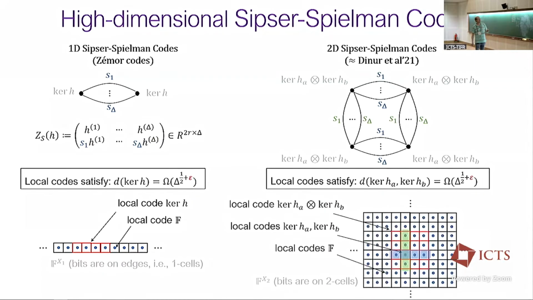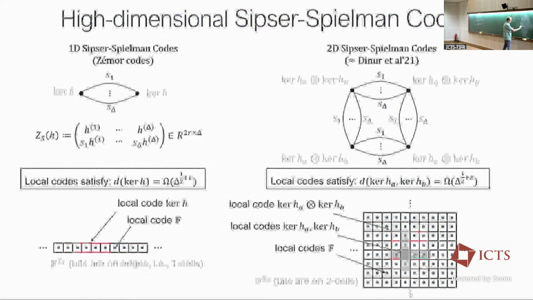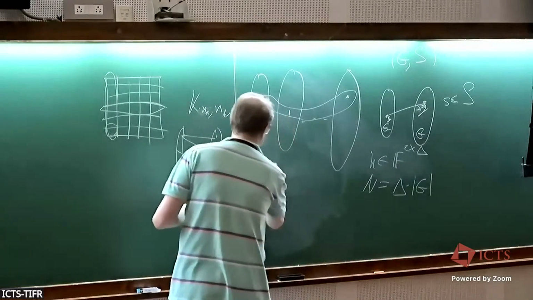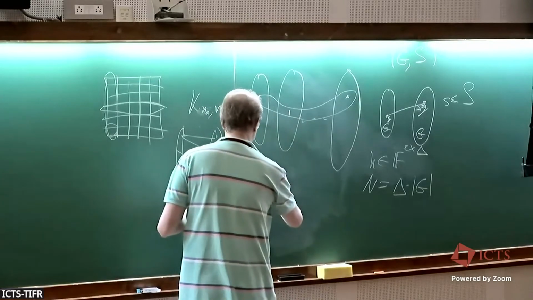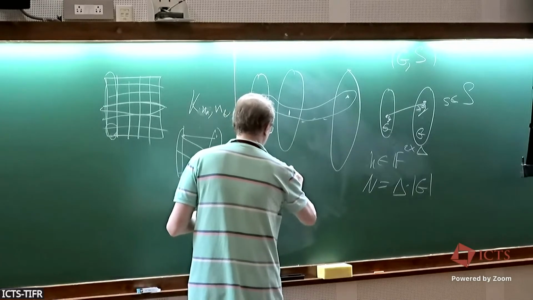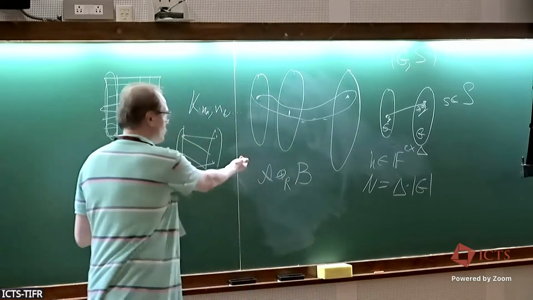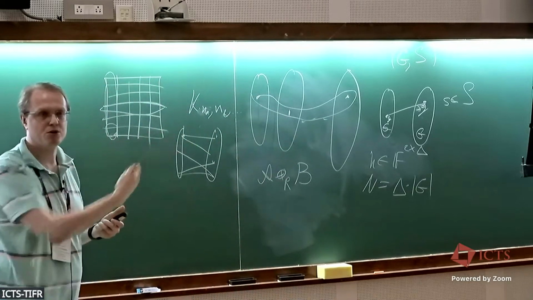this code. And it turns out that this code is just, it's not a lifted product, it's what I described before. It's a code where A and B are Zemor codes.